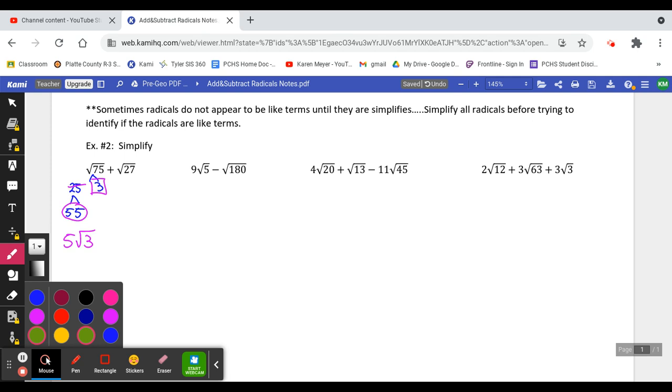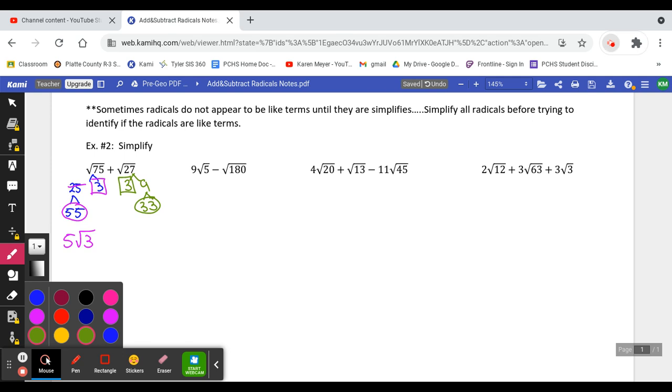So now let's go over to 27. Break down 27 with a factor tree. That's 3 and 9. 9 goes down to 3 and 3. So I have a group of 3s and a leftover 3.